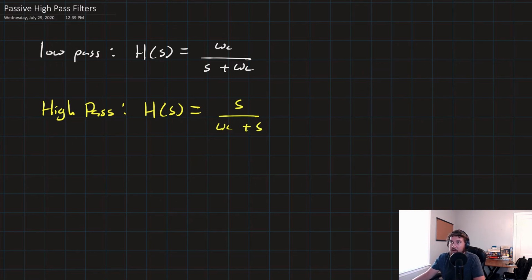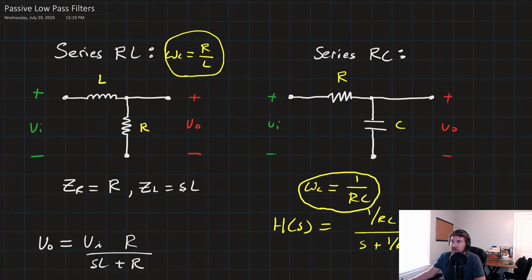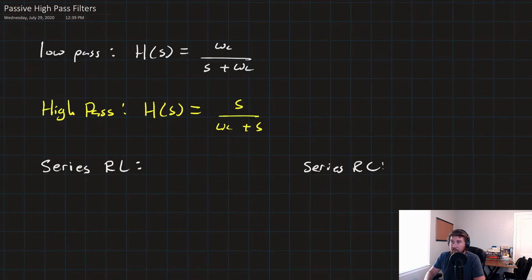And it's the same thing for the circuits. We also have series RL and RC high-pass filters. But remember, if we flip over real fast to our notes on passive low pass, notice in the series RL we had the inductor and then the resistor, and we were taking the voltage off the resistor. And for RC we had the resistor and capacitor, and we were taking the voltage off the capacitor. For the high-pass filters, we're going to do exactly the opposite.